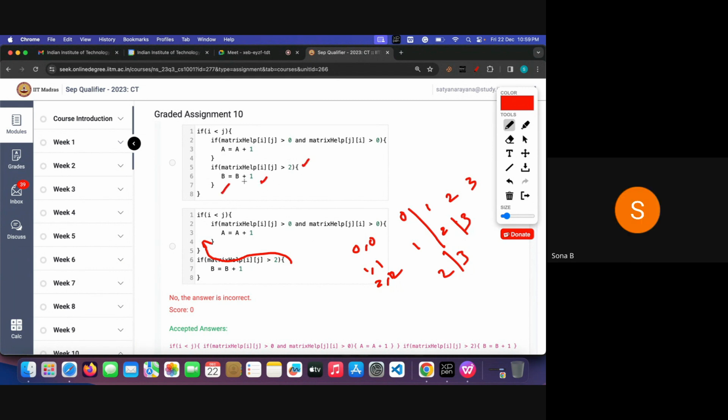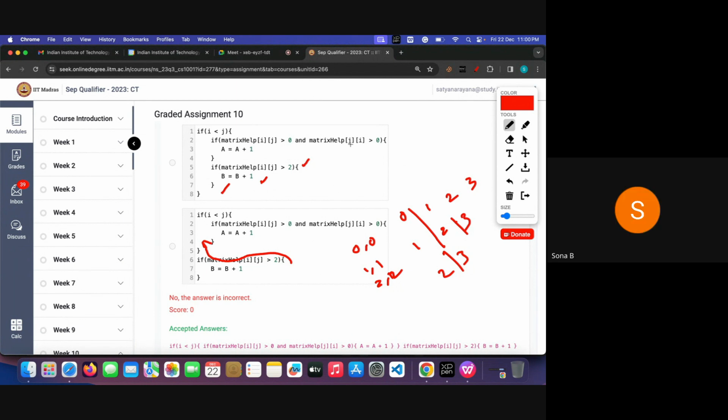Maybe because it's not. This if is inside that if block, sir. It should be inside the if block, no? Yes, it is inside only. No, the right choice they have given is D. But in C, it is inside. Sir, I think C is the right option. But no, sir.